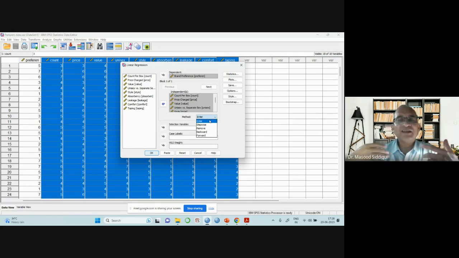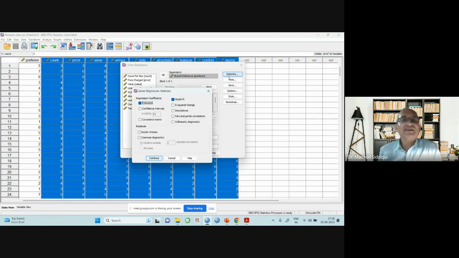And the backward method means we can remove variables one by one. And the remove method is where we can remove a group of variables that are not contributing in one go, right? Anyway, this is the most common form, and since we are running it for the first time, the method being used is enter.